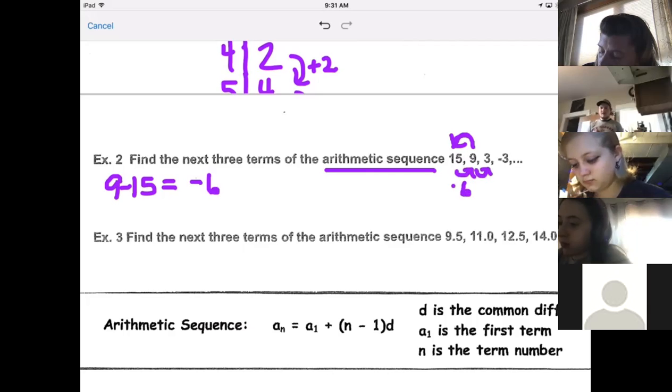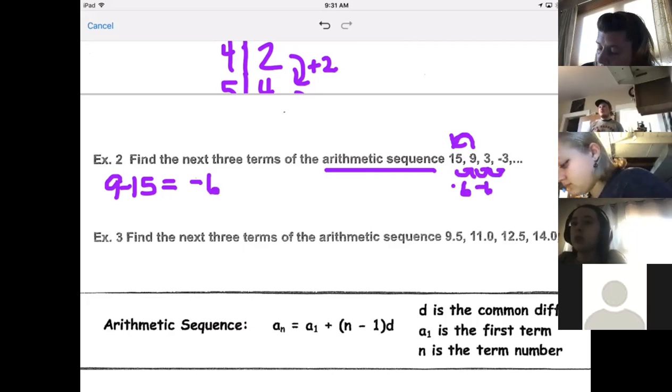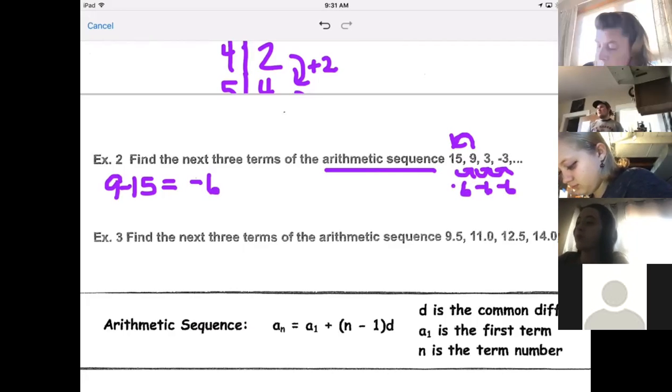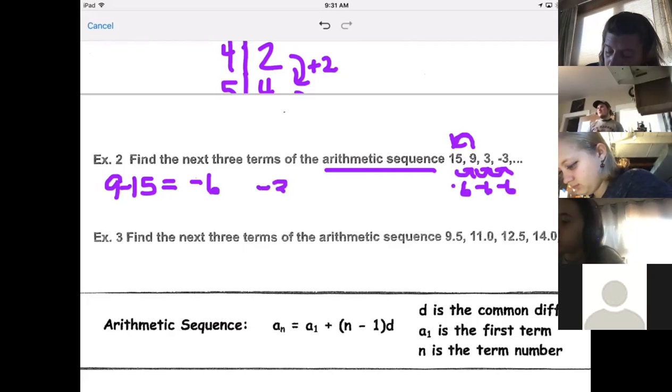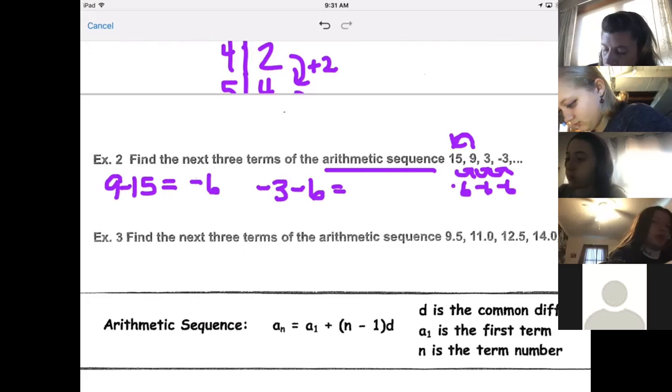So we added -6, then we added -6, or you could say you subtracted 6. So to get to the next 3 terms, I'm going to take -3 minus 6. That's going to be the first of the next 3. So Addison, what do we get with that? What's -3 minus 6? -9. Right.